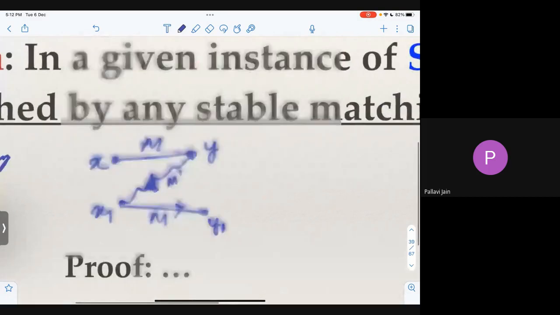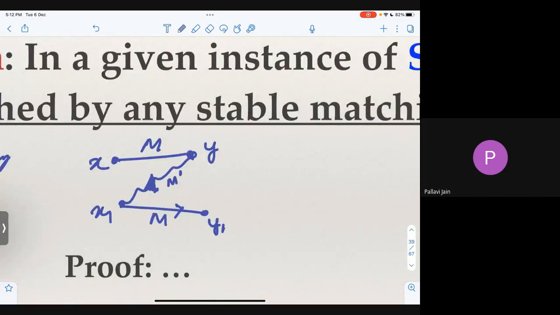Okay, so these arrows are indicating that X prefers this partner. So Y prefers X1 over X. So that's what this arrow is indicating. X1, when comparing Y and Y1, must prefer its M partner. Otherwise, this edge will block stable matching M.